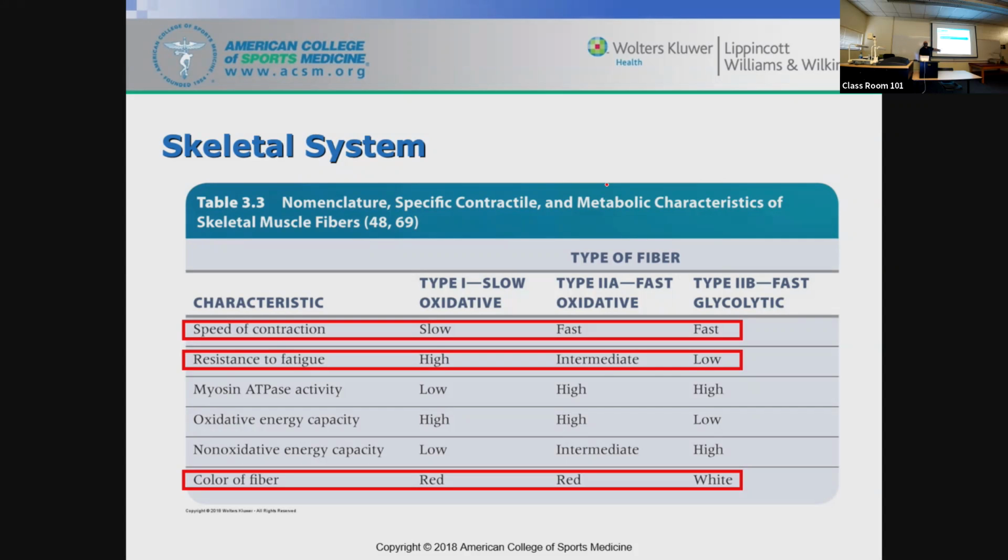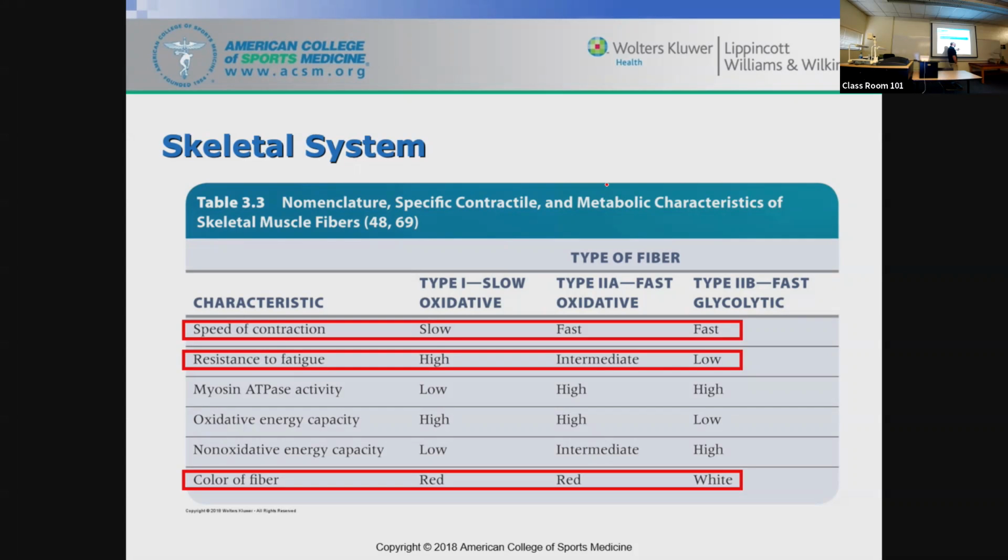Sometimes you'll see color differences in them, especially if you do chemical assays on them. But the type 1, sometimes referred to as red muscle fibers, the red type. That redness actually comes from myoglobin, which carries oxygen in the muscle fibers.